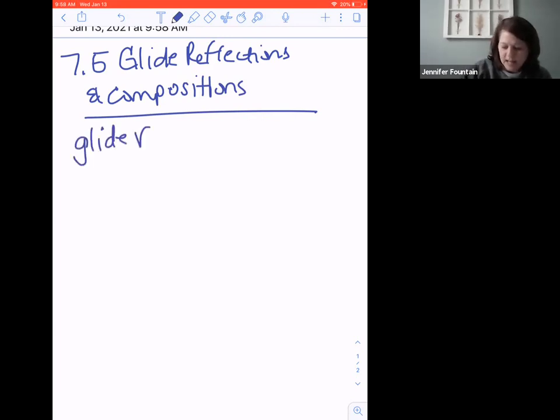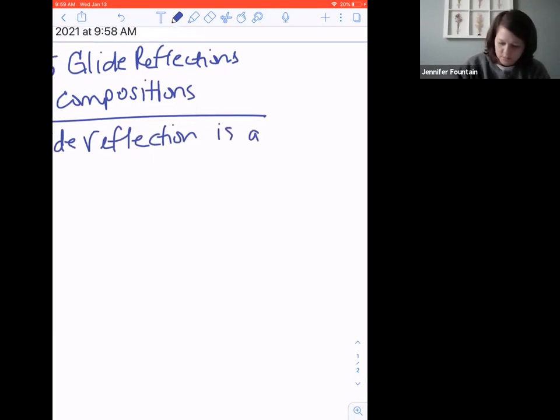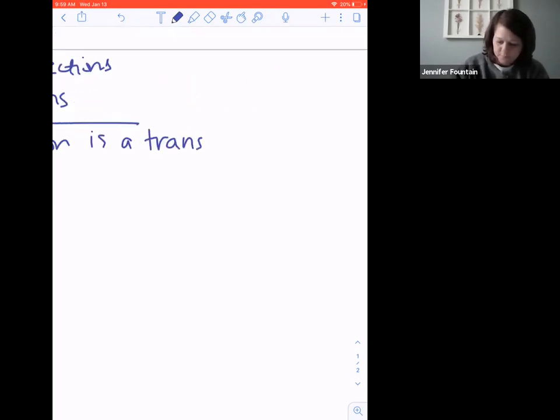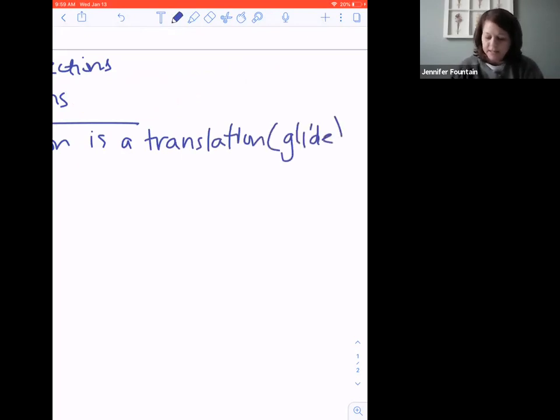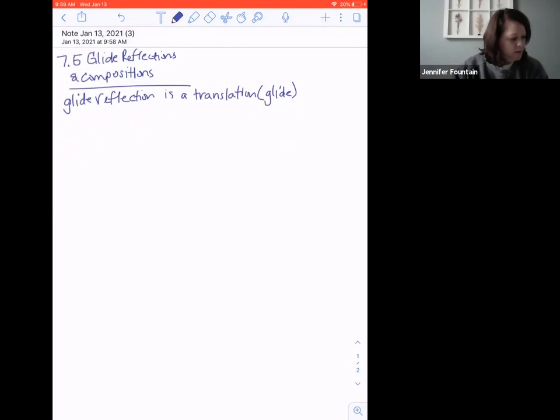So we're going to say a glide reflection is a translation, and I'm going to put in parentheses after that a glide, a translation, and a reflection performed one after the other.